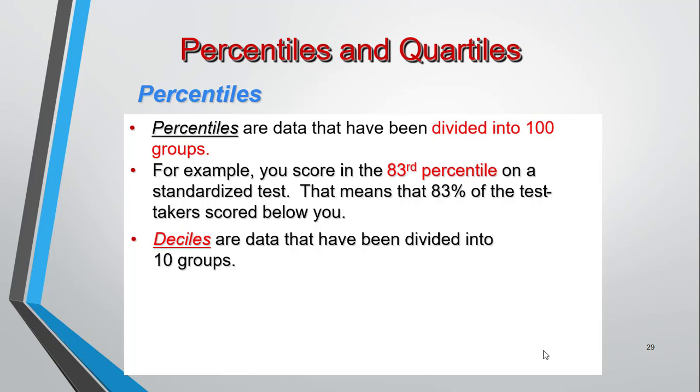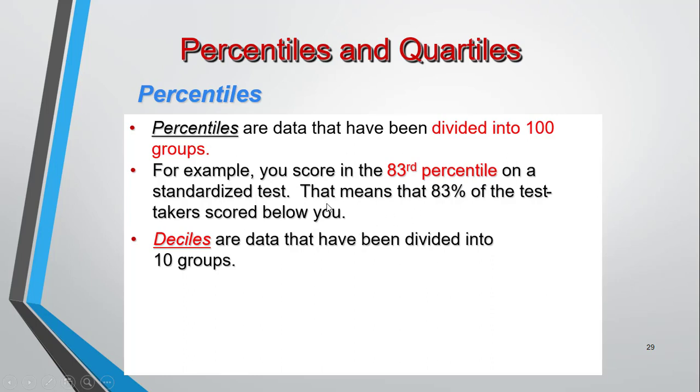And if we divide the SAT scores into 100 equal groups, then we can calculate the percentiles. For example, if you score in the 83rd percentile on a standardized test, that means that 83% of the test takers scored below you. You had the 83rd percentile. Right?